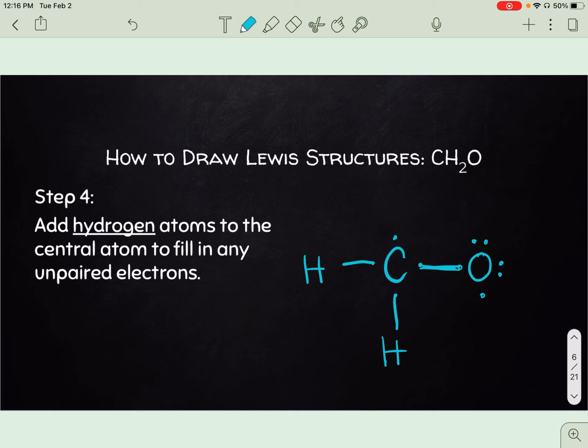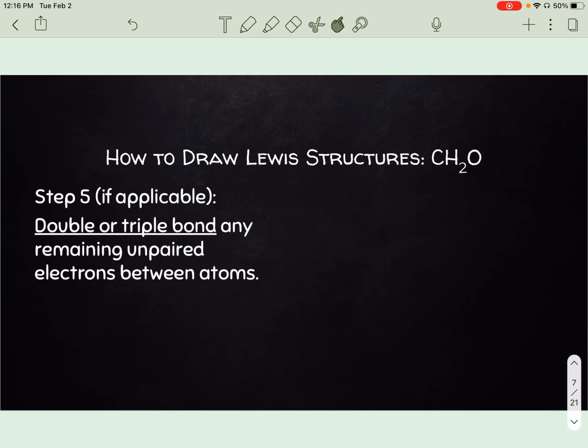Cool, but I have a problem. My problem is I still have single electrons. We want everyone to be partnered up here. So I need to figure out what to do with those. Sometimes you'll have leftovers if you follow these rules, and sometimes you won't. If you don't, you're done. But if you do, then we get to start double and triple bonding.